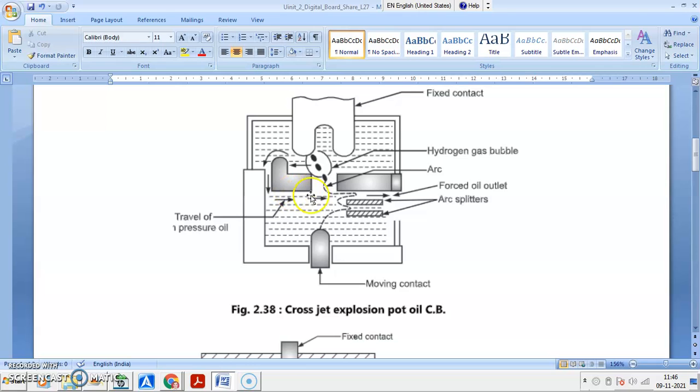Normally the oil pressure is at right angle to the arc, so it sweeps the arc into the arcing chambers. You can see that the arc is swept into the arc splitters, the arc gets elongated and pulled, and finally the arc gets extinguished.